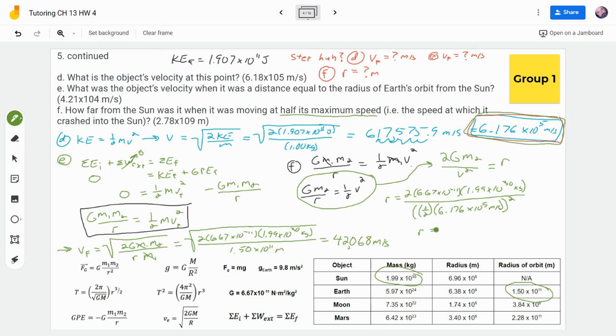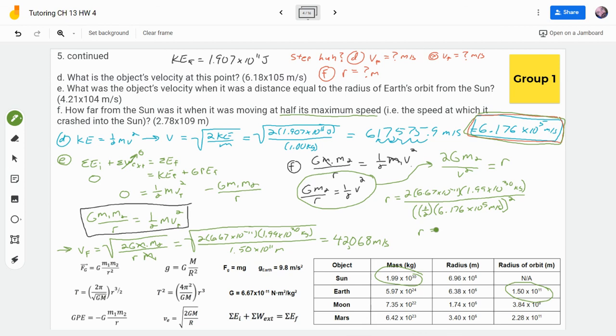So a fairly tedious thing to put in your calculator, but let's see if I can get this right. 2 times 6.67 EE minus 11 times 1.99 EE 30. All right, now I'm going to hit enter. 2.65466 EE 20. All right, I want to divide by parentheses 0.5 times 6.176 EE 5, close the parentheses, and hit x squared.